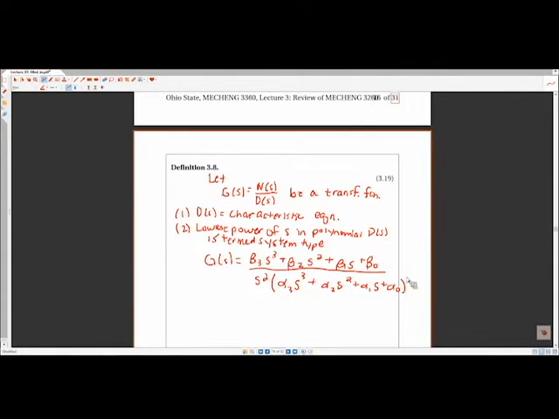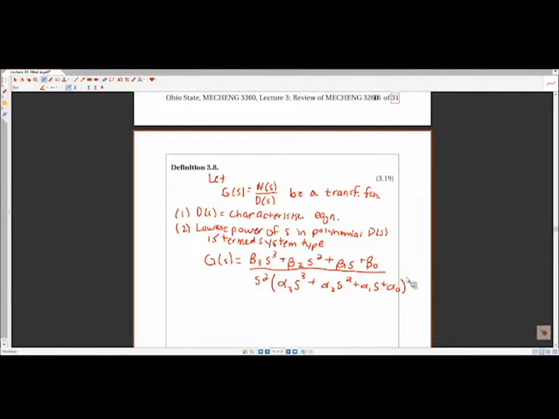So given that transfer function, what's the system type for this transfer function? Yeah, S squared is a 2. It's a type 2 system.